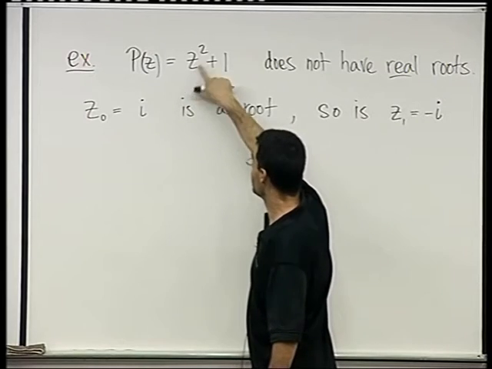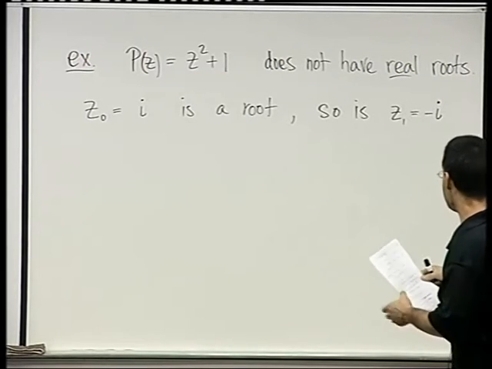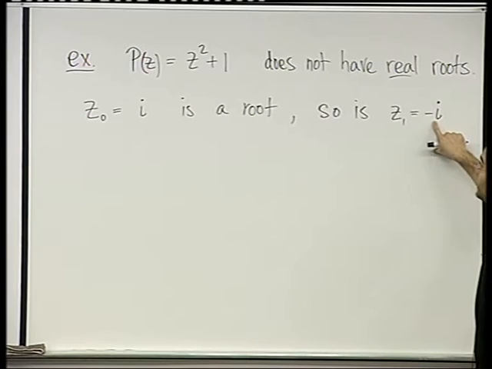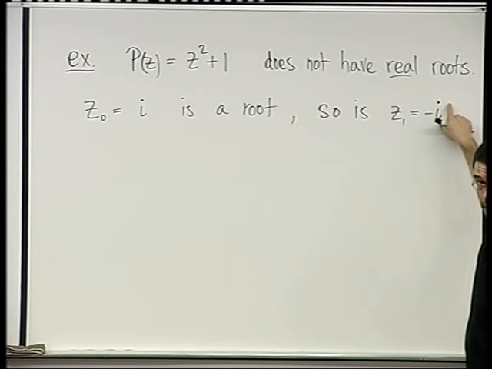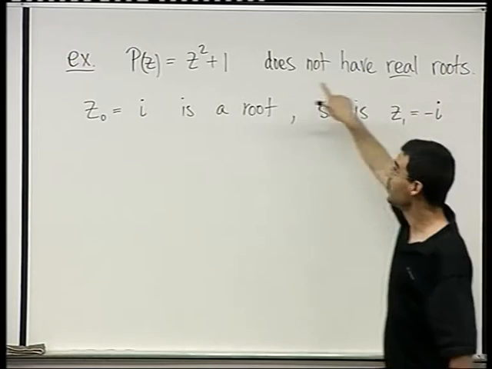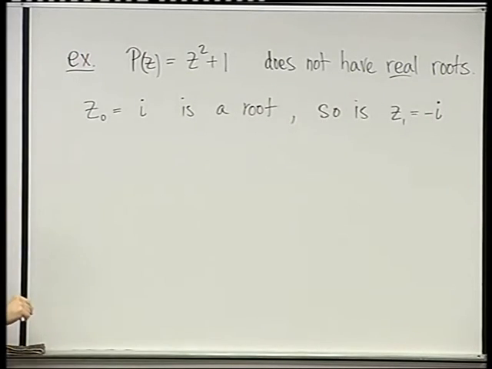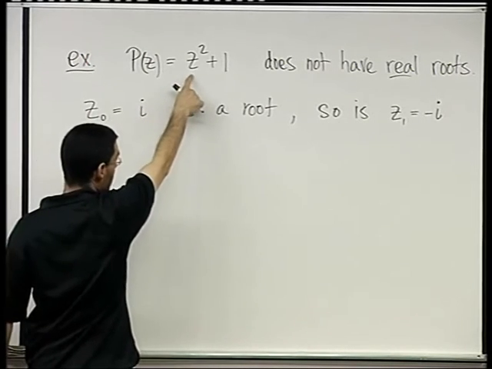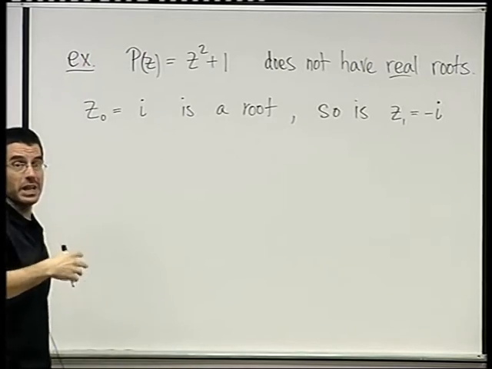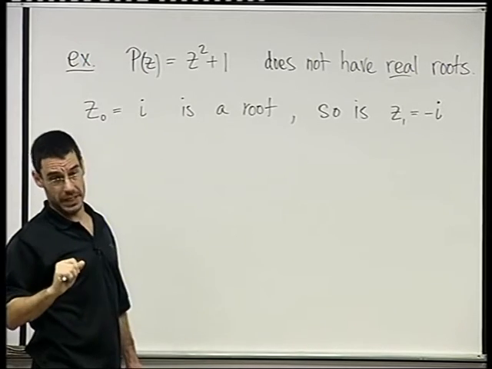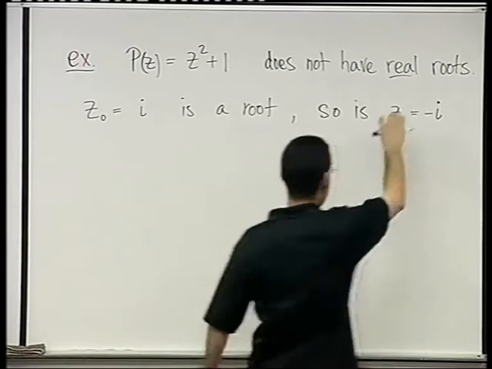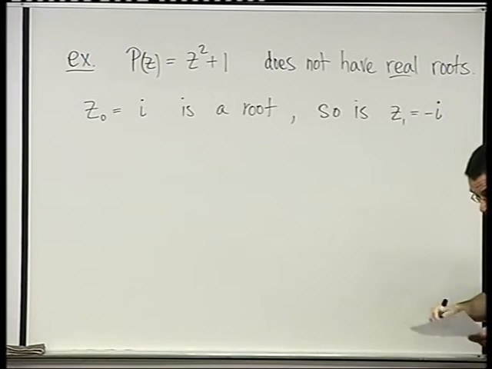Negative i squared is negative i times negative i, so it's plus i squared. i squared is negative 1, so we get again negative 1 plus 1, and we get another root. So these two numbers are the two roots of this polynomial, but only if we're allowing our world to be the world of complex numbers. If our world is limited to the reals, there are no roots.